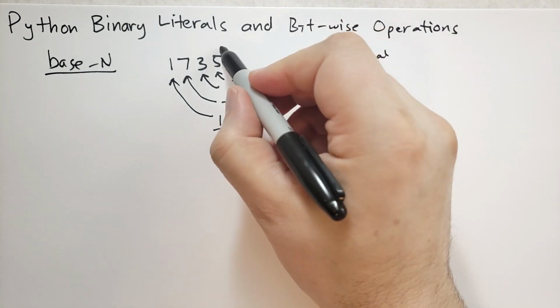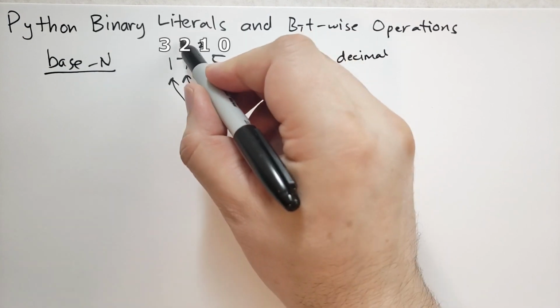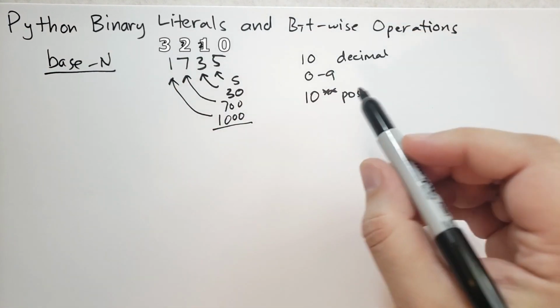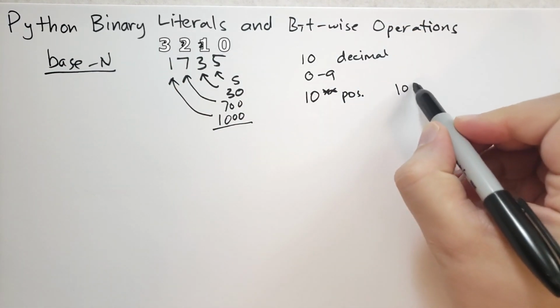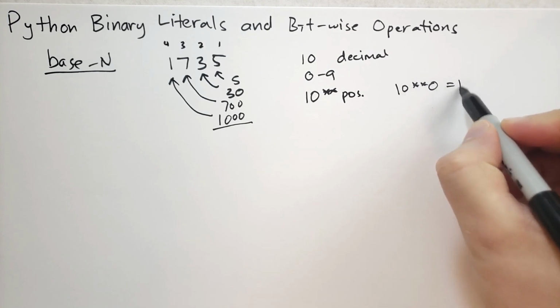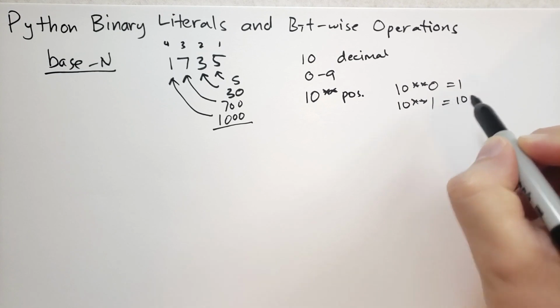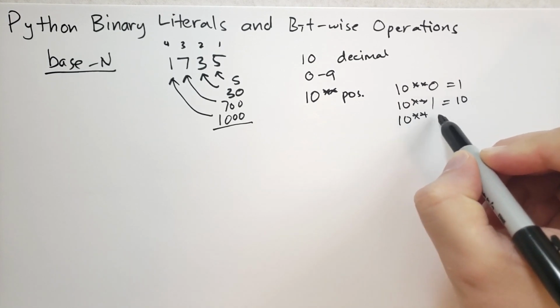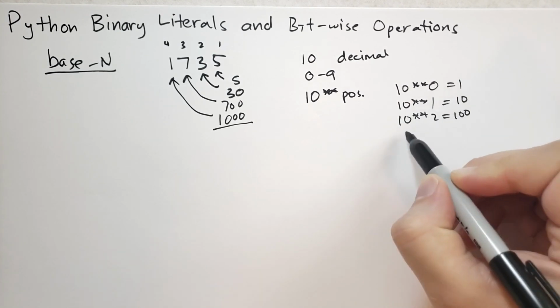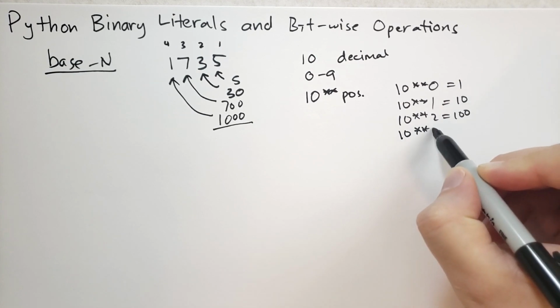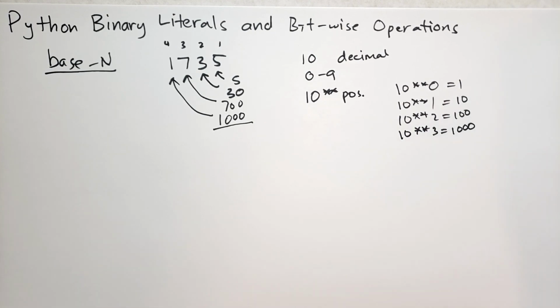In this case, the position is 1, 2, 3, and 4. So 10 to the 0, that's equal to 1. 10 to the 1 is equal to 10. 10 to the 2 is equal to 100. And 10 to the 3 is equal to 1000. That's how decimal works.